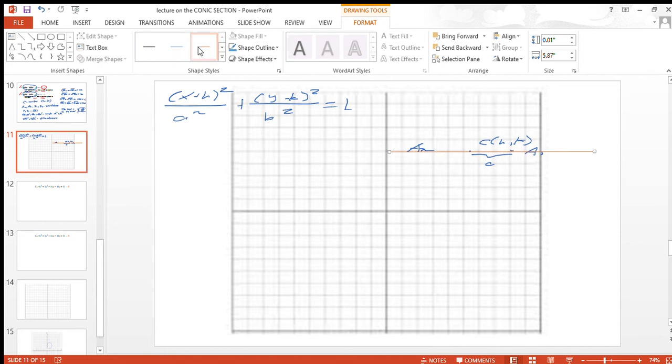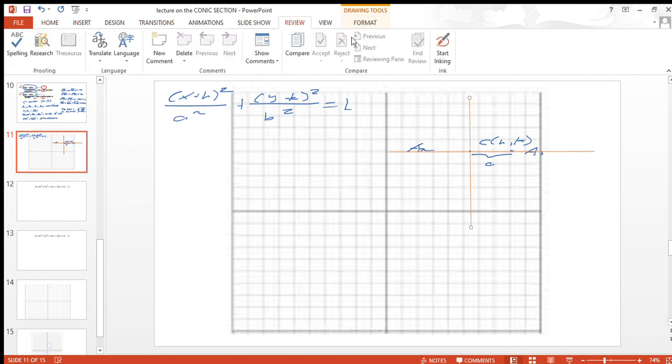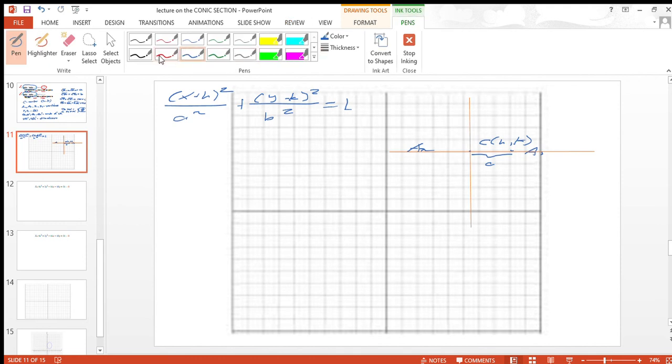Okay, and then if we also draw a line that will pass through the center this time, parallel to the y-axis, that will now be where we will find our minor axis. Let's label where our minor axis will be.